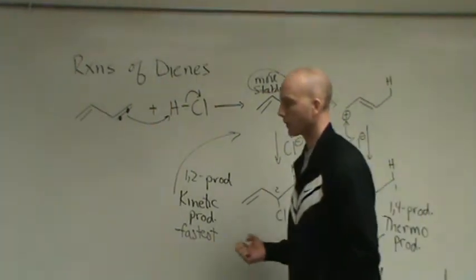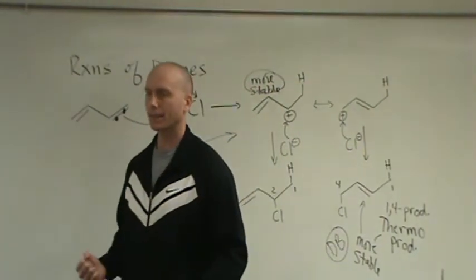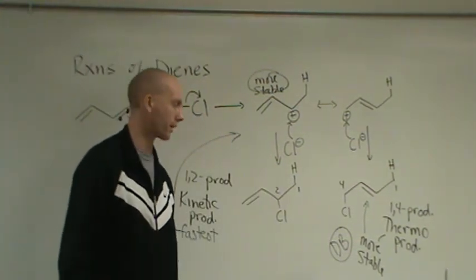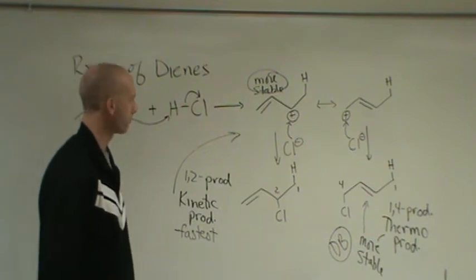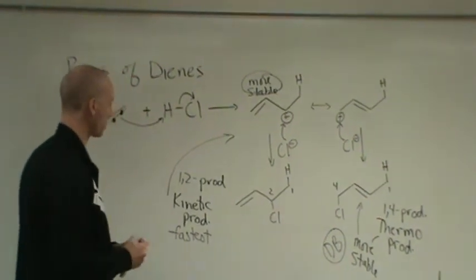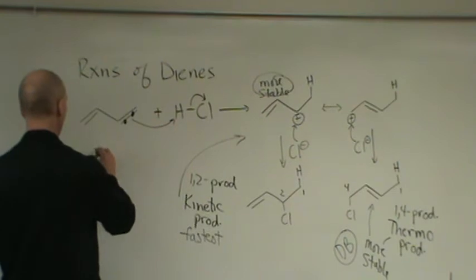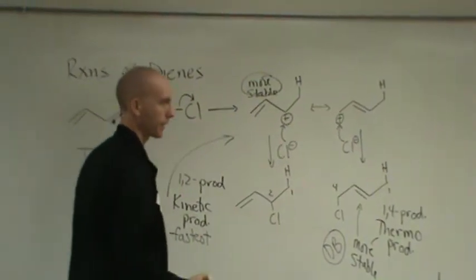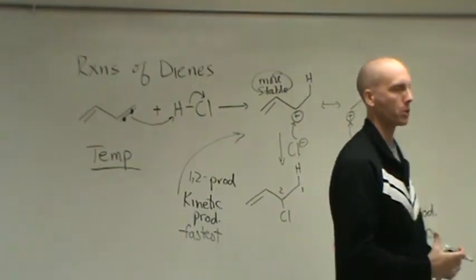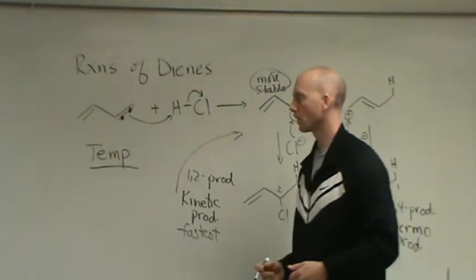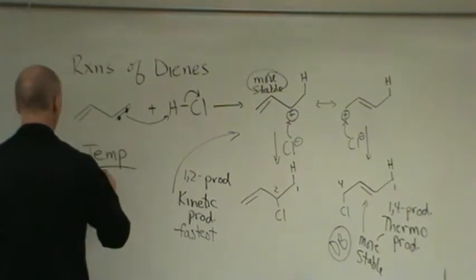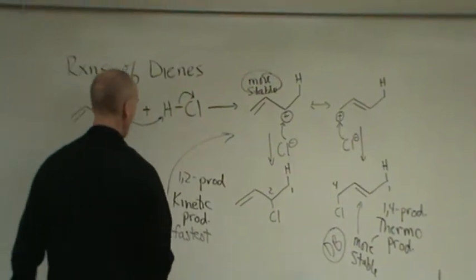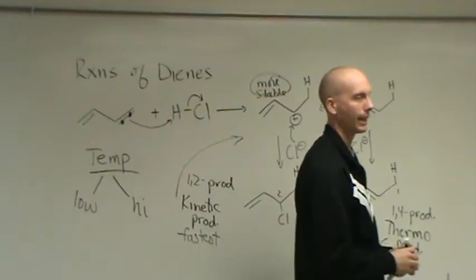So that's how we can classify these, but we still haven't answered which one is the major product. How do we answer that? Well, that answer is due to temperature. We can have two realms of temperature that we are talking about: low temperature and high temperature.